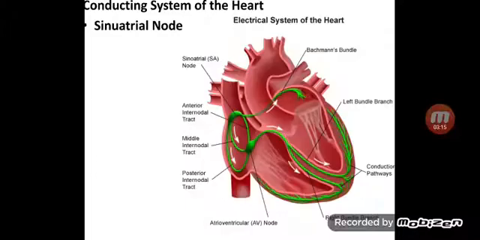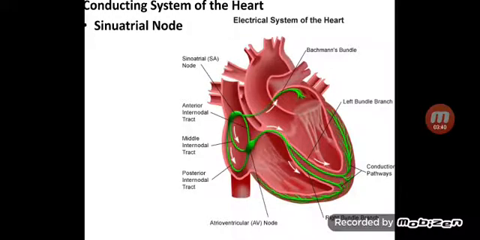What about the conducting system of the heart? Normally, the heart contracts rhythmically about 70 to 90 beats per minute in an adult at rest. The adult person is at rest, not at exercise, because in exercise these numbers will be different.